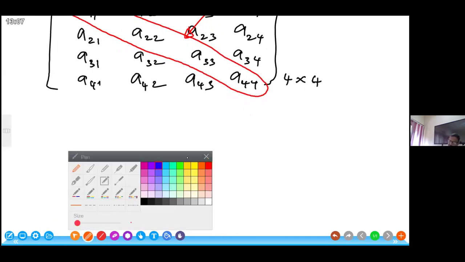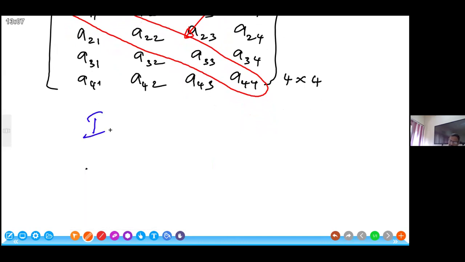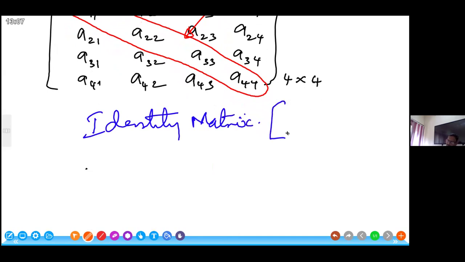It's called the identity matrix. So this is the abbreviation given as In, identity matrix.